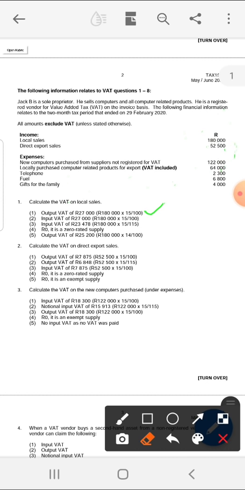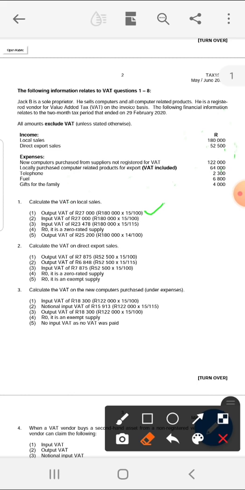And then for number 2, calculate VAT on direct export sales. Remember guys, whenever you're exporting something, you are bringing money into our economy. So SARS will give you a subsidy for you not to pay VAT because they are already bringing money into our economy. You are taking the goods from South Africa to another country, and they give us money, meaning our economy will grow.